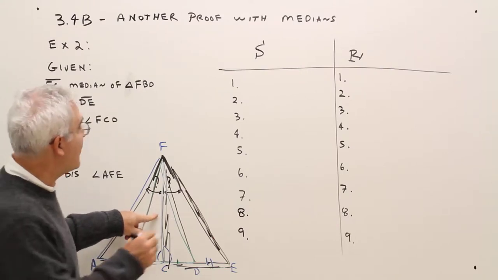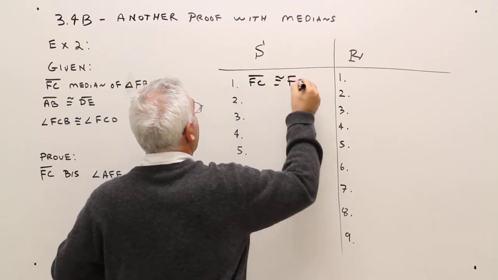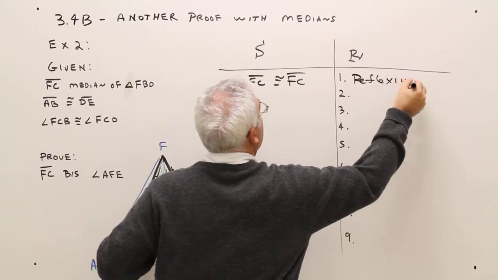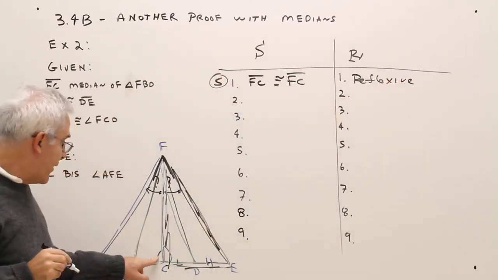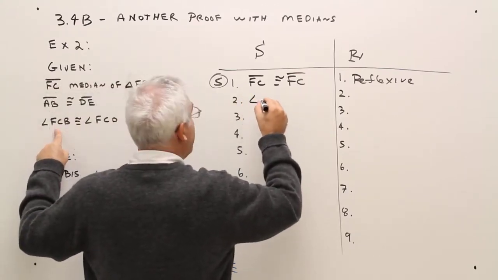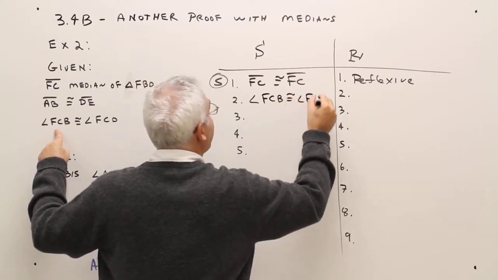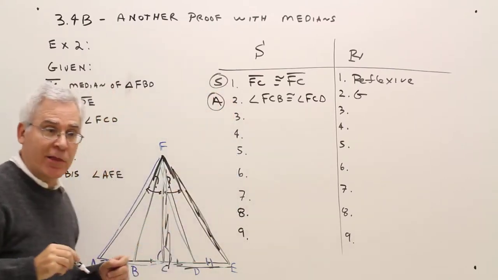So I'll say FC is congruent to FC by reflexive. And I'll get credit for a side there. I'll then go to the angle. Angle FCB is congruent to angle FCD. That was given. So I'll get angle credit there.